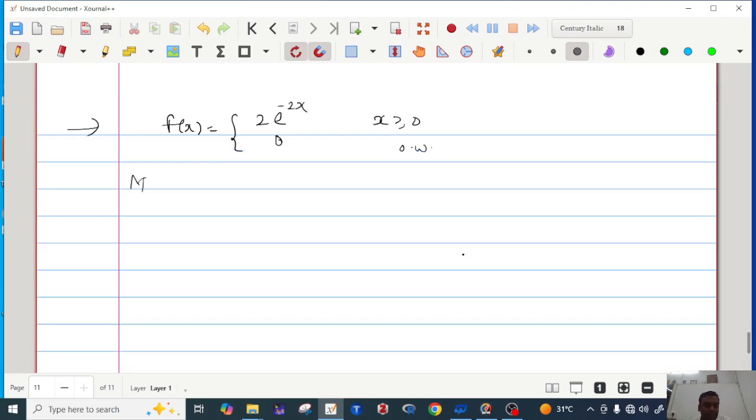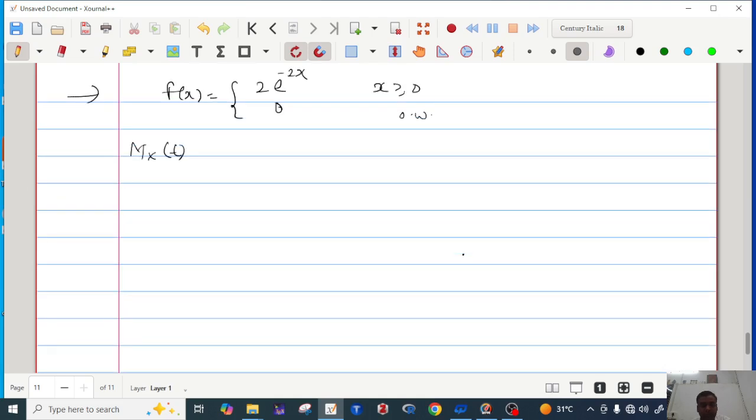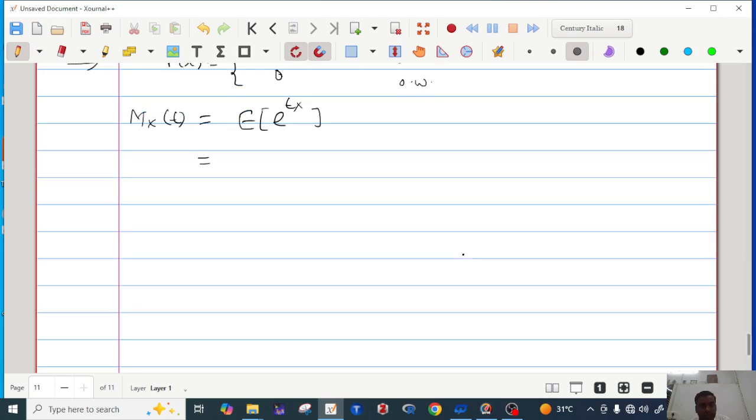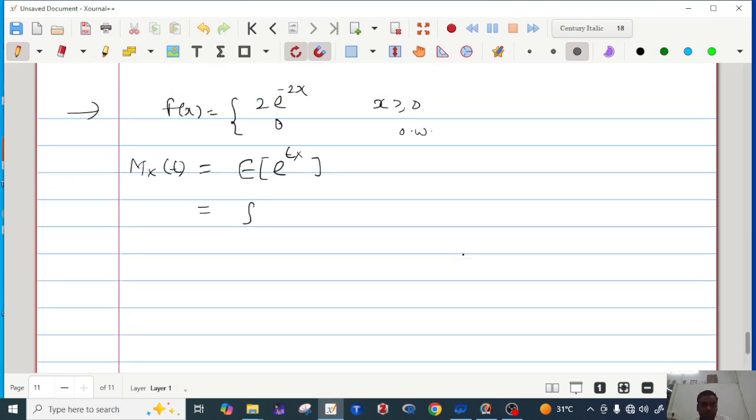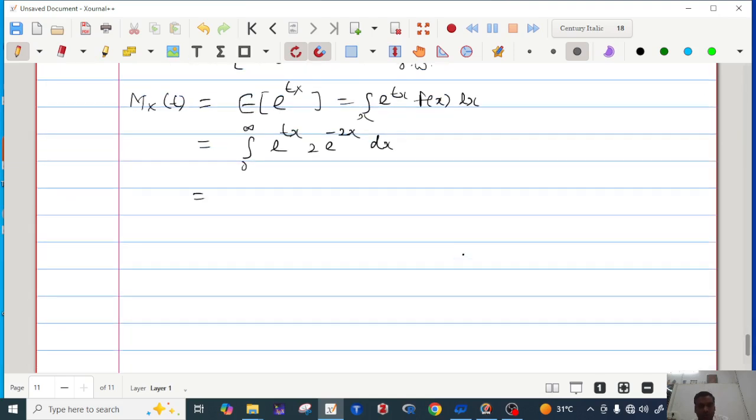Use the definition of MGF: M_X(t) is the integration from 0 to infinity of e raised to tx times f(x) dx. Then the next step is to solve it. Now solve this. Take 2 outside the integration.